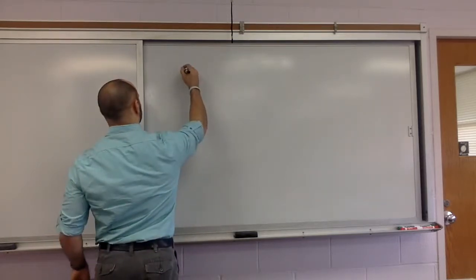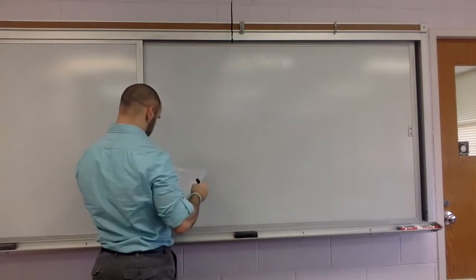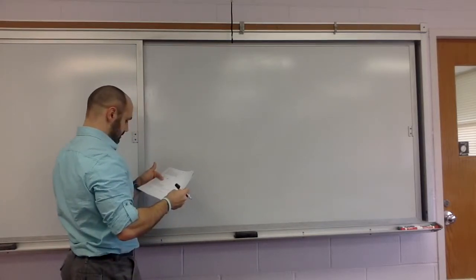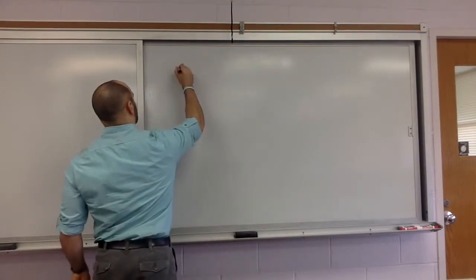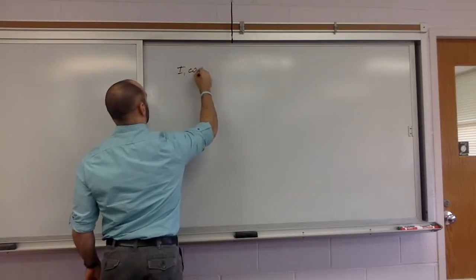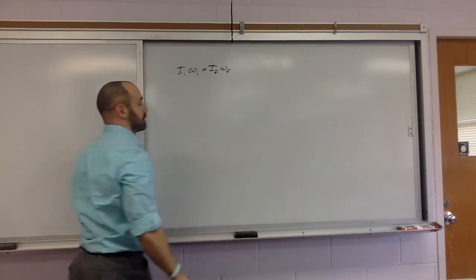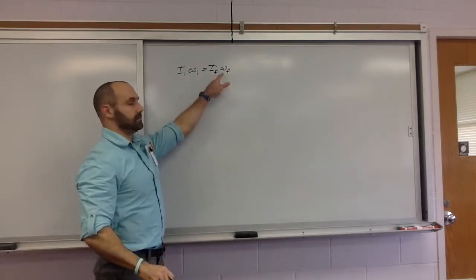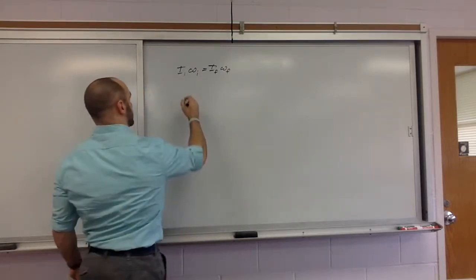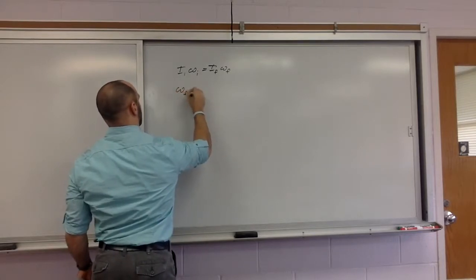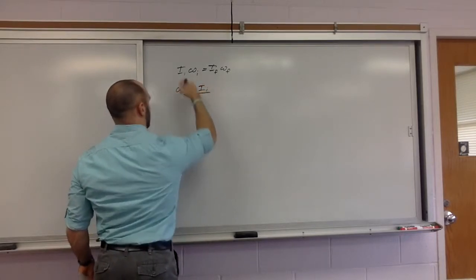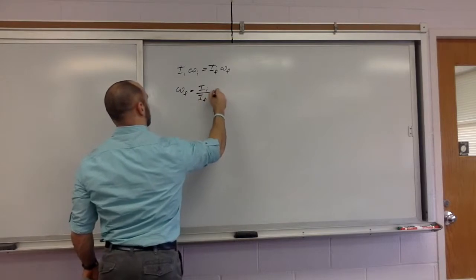And so we know that we've got I initial omega initial equals I final omega final. Now I want to know what would this new thing be, and so omega final would be I over If omega I.